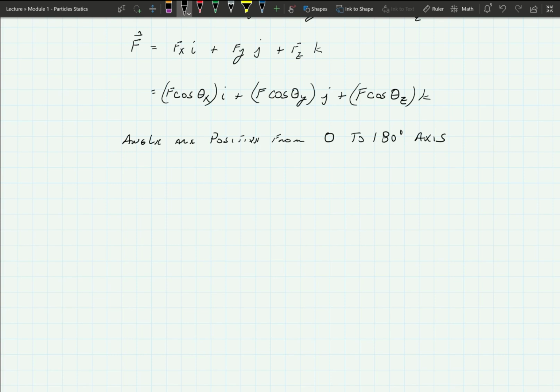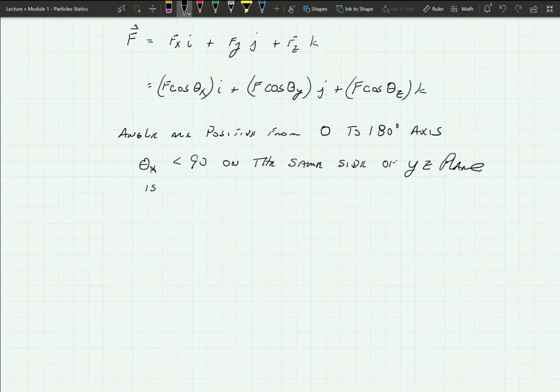If theta x is less than 90 degrees, on the same side of the YZ plane as the positive x-axis, then cosine theta x and F of x will all be positive.